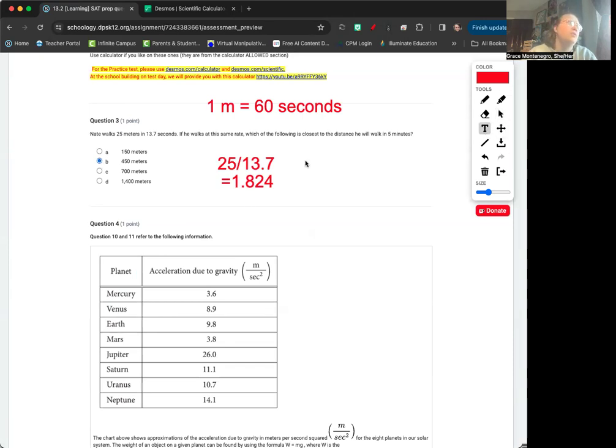The official way to do unit conversion is to write it out. 25 meters, and we do underneath 13.7 seconds. And then we do times a form of 1, the one we wrote up there.